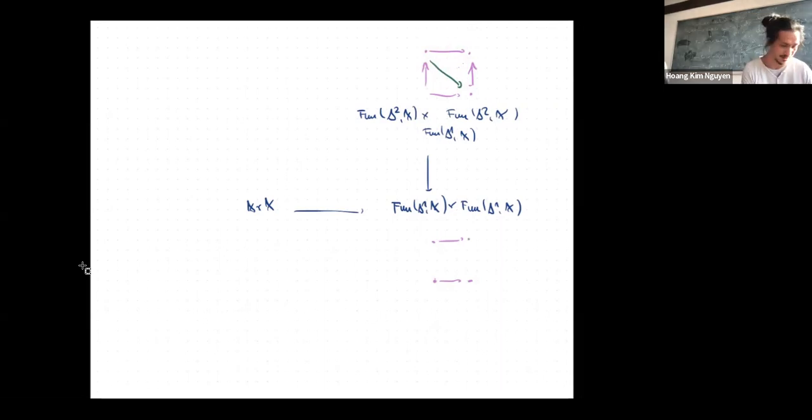So if I take the pullback of this, I'll call this invertible, and this receives a map from X.